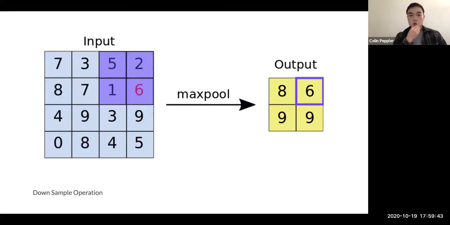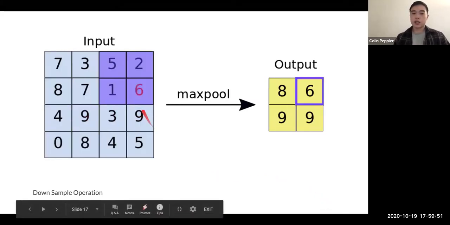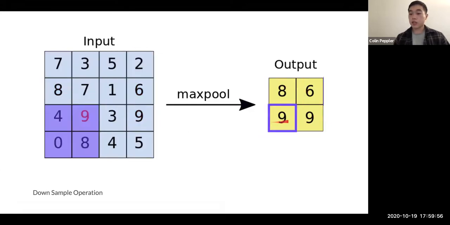So here's another GIF showing what's happening here. You can just kind of see from the GIF what it's doing. It's just finding the max, and that's why we get this output. And so this is what we call the downsample operation.